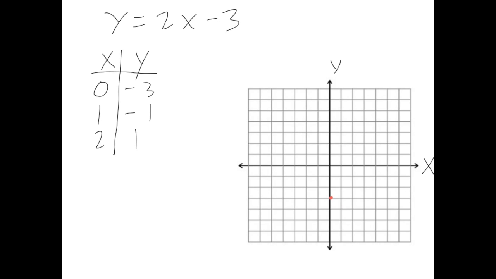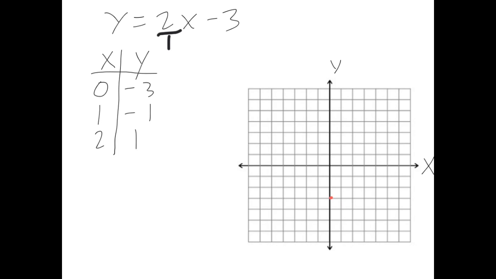Then you look at the slope, which is 2. Anytime you have a number in front of x, you think rise over run. So you want to look at this as a fraction. So we'll put this over 1, because any number by itself is over 1.